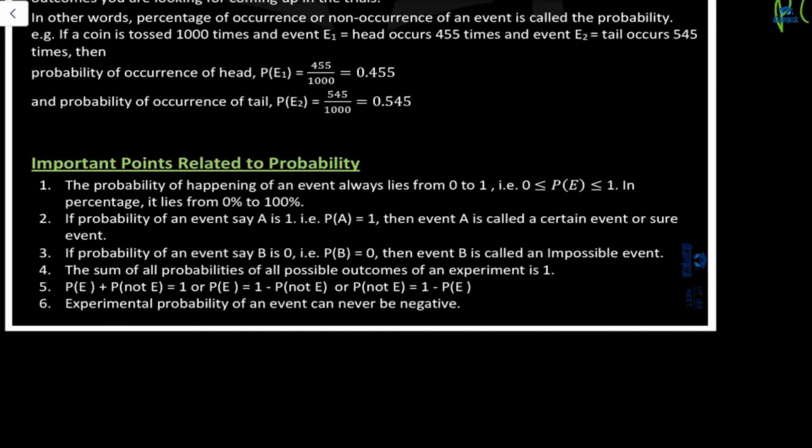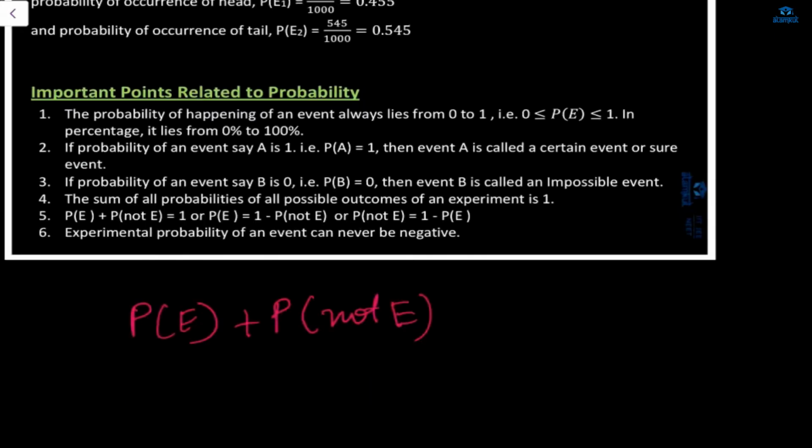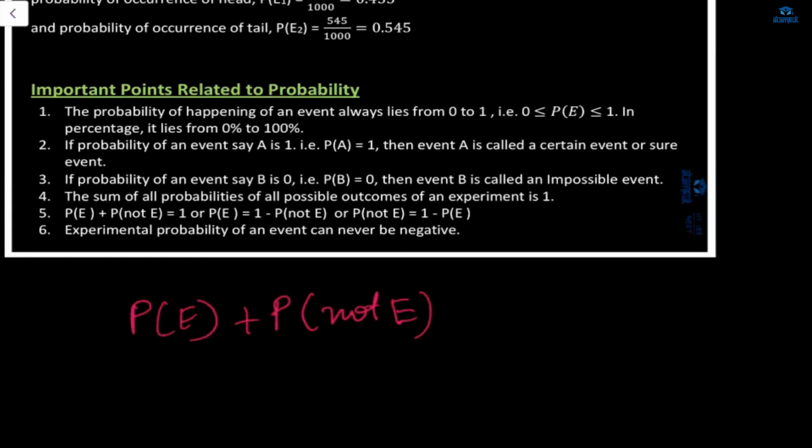Okay, and P(E) means probability of an event plus probability of not happening, P(not E), means probability of getting a head and probability of not getting a head will equal 1. ठीक है, उस इवेंट के होने का और उस इवेंट के नहीं होने का सम जो है वो ऑलवेज इक्वल टू 1 होगा.